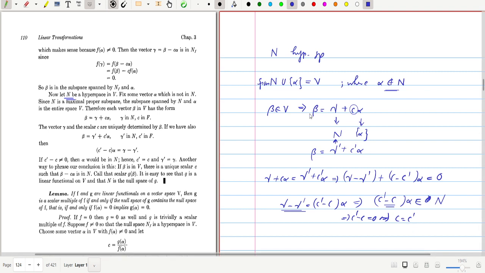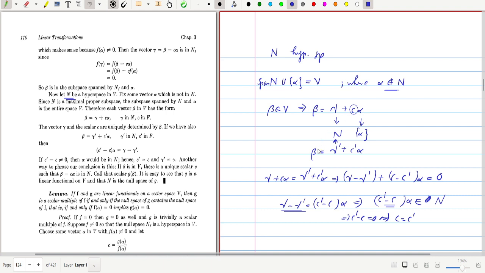So when you write this beta as gamma plus C alpha and beta as gamma prime plus C prime alpha, that means if the same beta has more than one expression, then C and C prime, and gamma and gamma prime, coincide. That means this beta has a unique expression when you represent it as an element of N plus C times alpha.